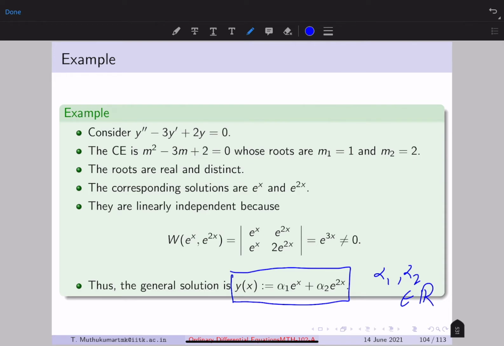Just by knowing e power x and e power 2x, any solution is a linear combination of these for some alpha 1 and alpha 2. So we have solved this ODE. You see, it's simple. This is the case of real and distinct roots for the characteristic equation, which is also called the auxiliary equation; they are used interchangeably.